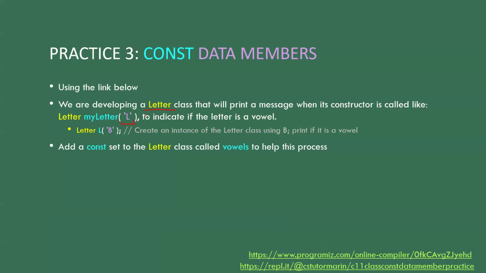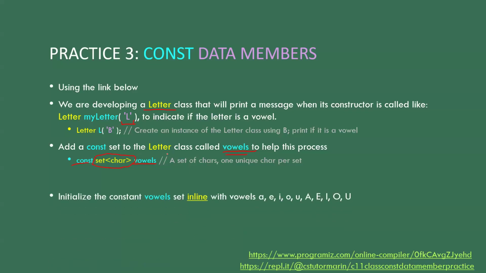So we're going to just test for vowels, right? Sorry, a little more narrow than that. We're going to test for vowels in whatever letter that we're given. So we're going to give our class a constant data member. It's a set. If you all remember our sets, it's like a key value pair without the value. So just keys. So we'll look at this. It'll jog your memory.